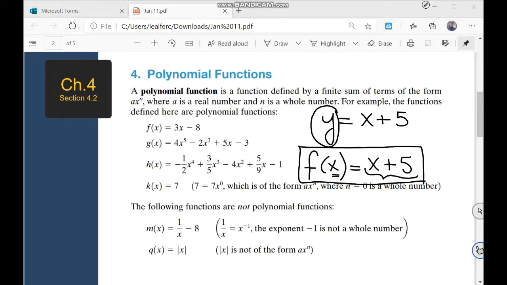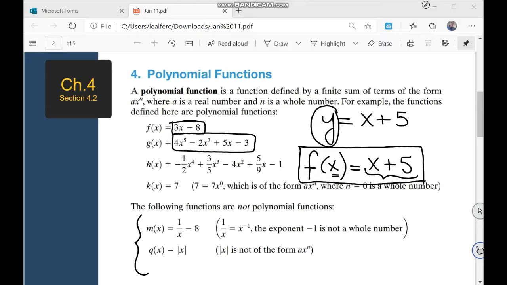Now, when we talk about polynomial functions, it's the same thing, but the expression is going to be a polynomial. There are other functions that for each x have only one y.